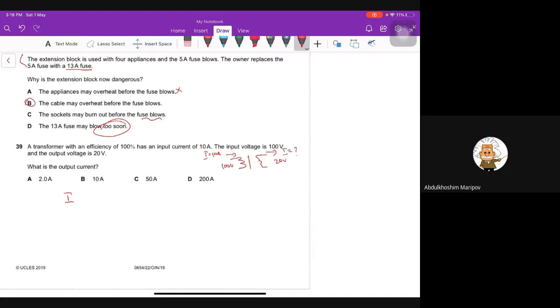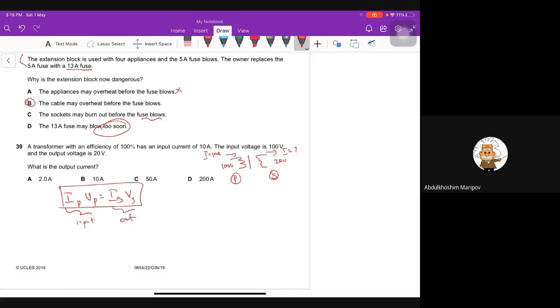We don't know the output current. This is called primary, this is called secondary. Okay, I primary times volt primary, which is the input, equals I secondary times volt secondary, which is the output.